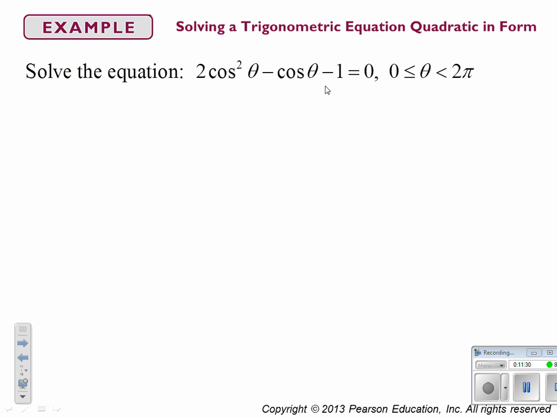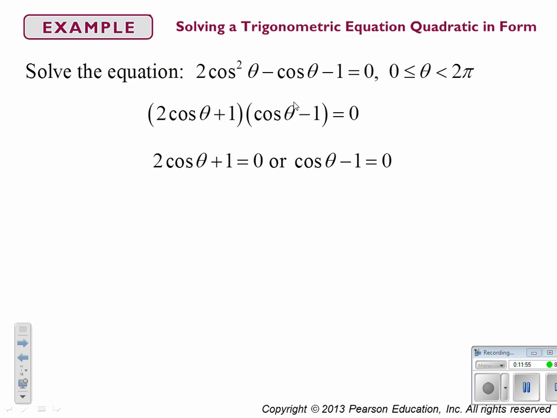If we get a trig function in quadratic form, you can let cosine theta equal x, and we know how to solve 2x squared minus x minus 1. So you approach it just like you would an Algebra 1 problem. Factor it out.